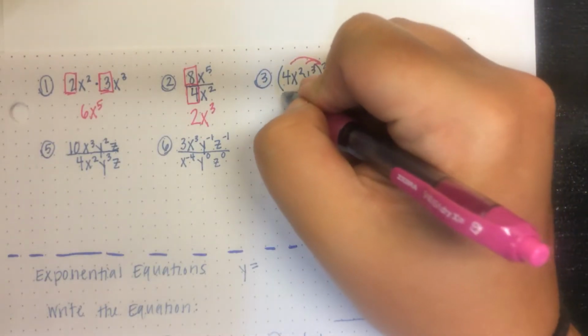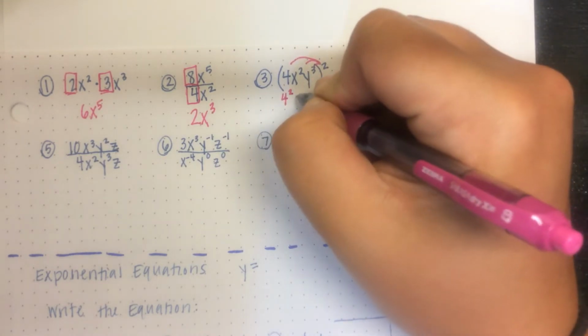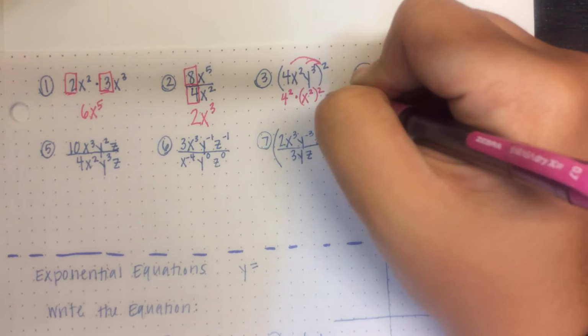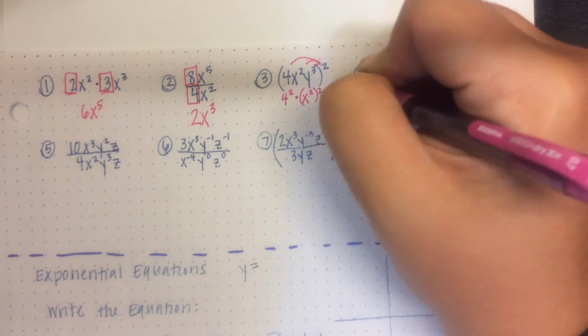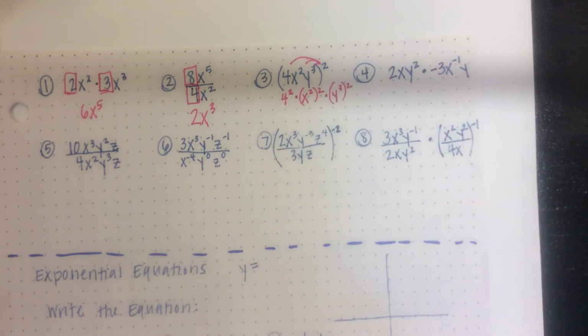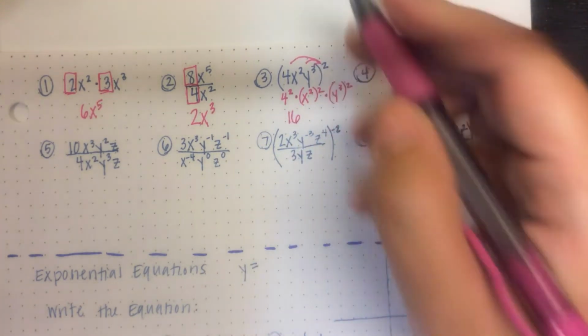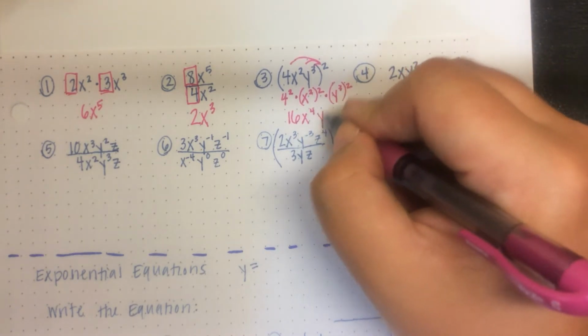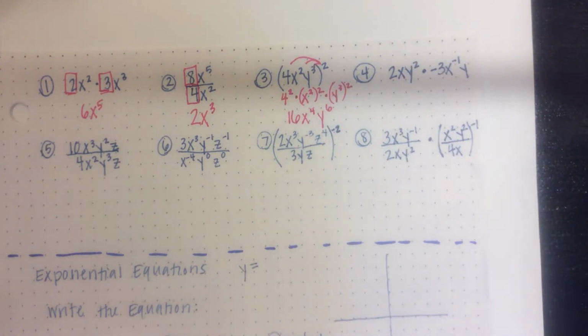So this is 4 squared, right, times x squared squared times y cubed squared. 4 squared is 16. If I have a power raised to a power, I multiply. So that's x to the 4th, and then 3 times 2 gives me y to the 6th. So my answer is 16, x to the 4th, y to the 6th.